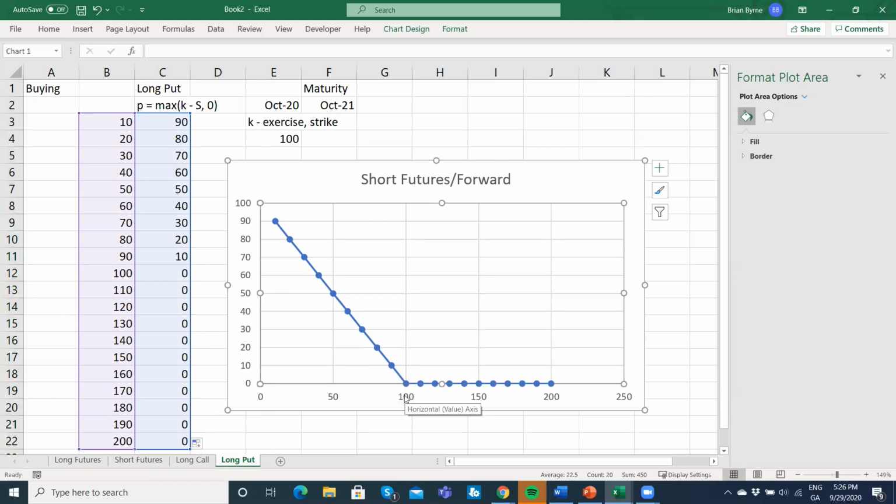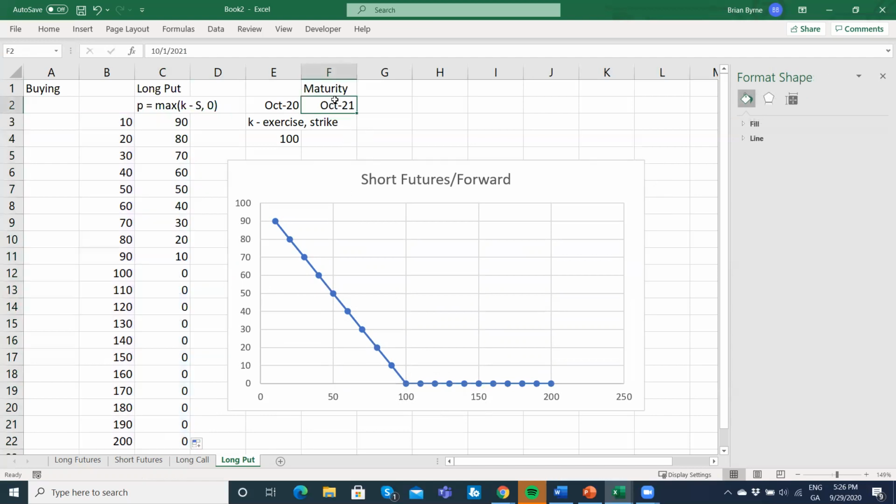So you have the right to sell oil at 100, but the price at maturity in 1 year's time is equal to 90. Then the gain on that is you're able to sell something for 100 that's trading in the market for 90. That's a gain to you of 10.